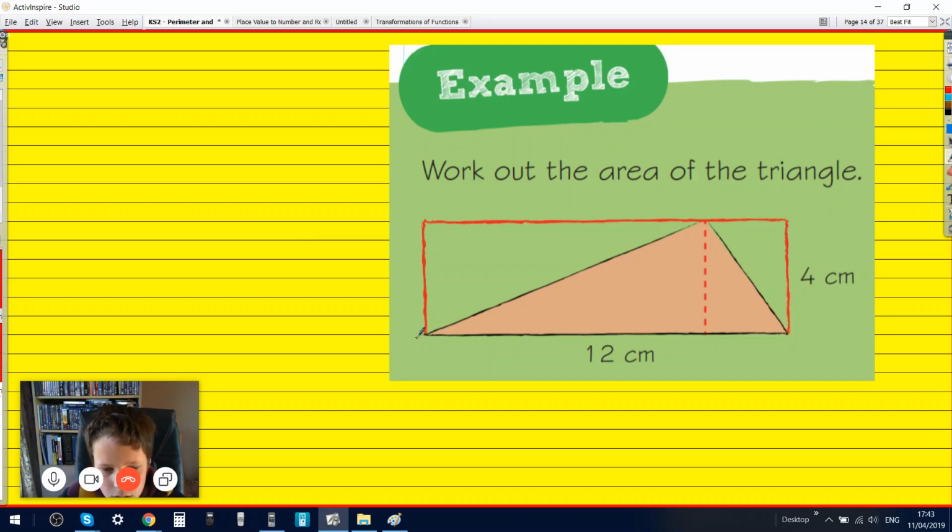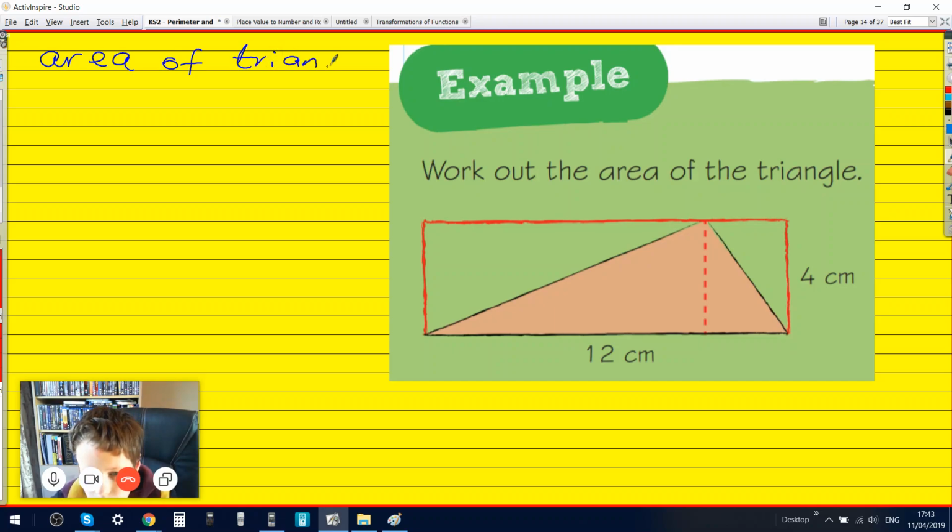What would be the area inside the red line? Well, it would be 12 times 4, which is 48. Yeah, so the area of a rectangle is base times height.